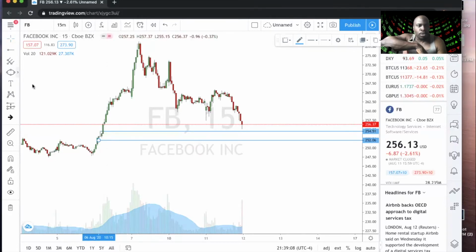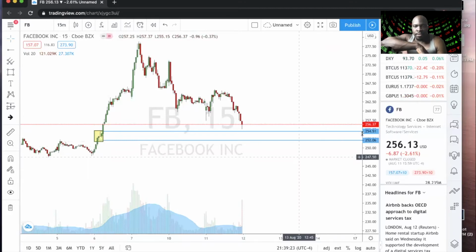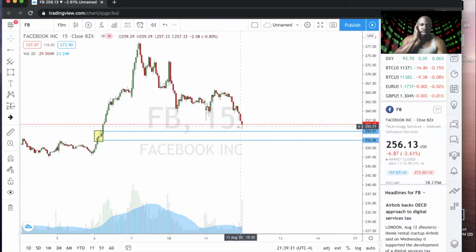And usually I go ahead and add some color into it, further demarcating it, making it a bit more clear, so I know what I'm looking at. So what we're looking at here is where I would basically buy this stock if I decided to take this trade, because I see that there's a sell-off going on with Facebook, and chances are when the market opens up, it's going to dip into this area.